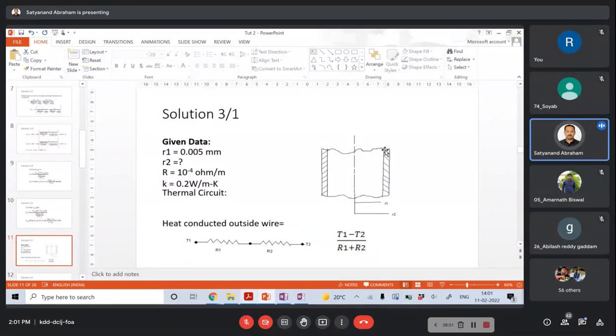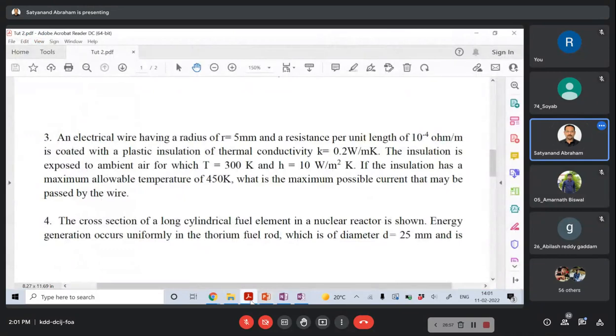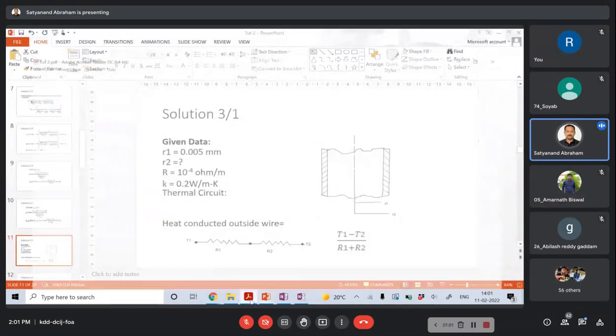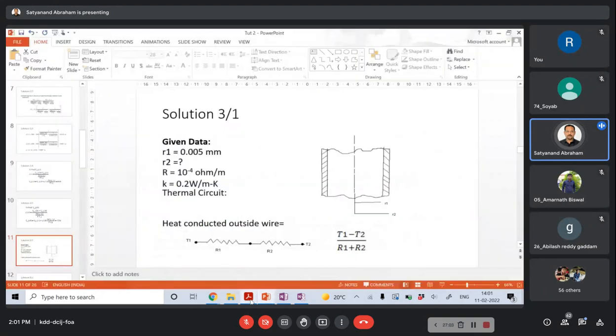What is asked is, if the maximum temperature allowable on the insulation is 450 Kelvin, what is the maximum current that can be passed?